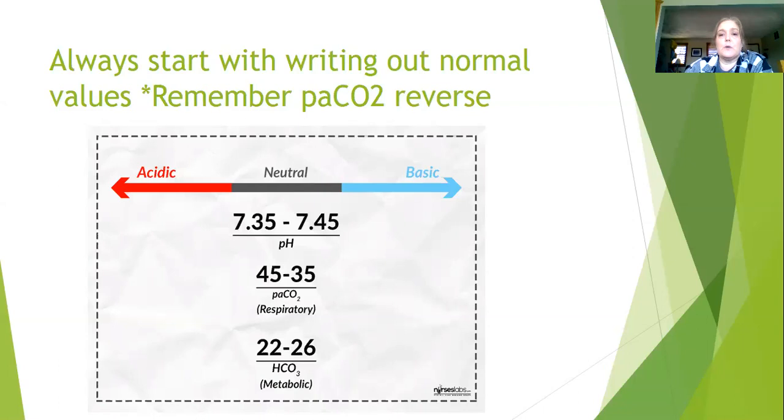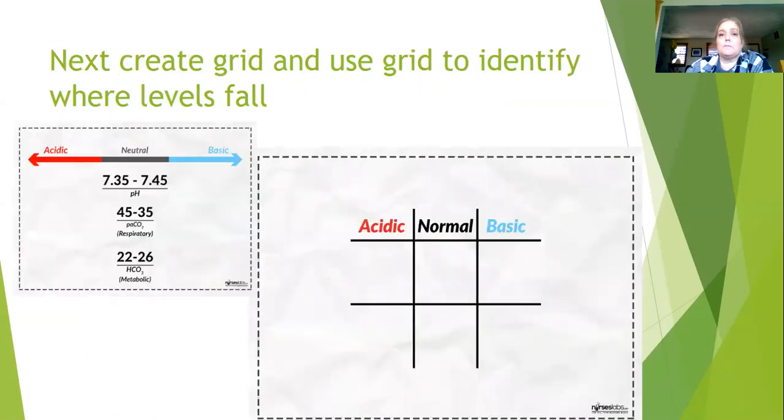Okay, so 22 to 26. Greater than 26 is basic, less than 22 is acidic. So the one that gets confusing and trips students up all the time is the CO2, because a higher level of CO2 is acidic. A lower level of CO2 is basic.